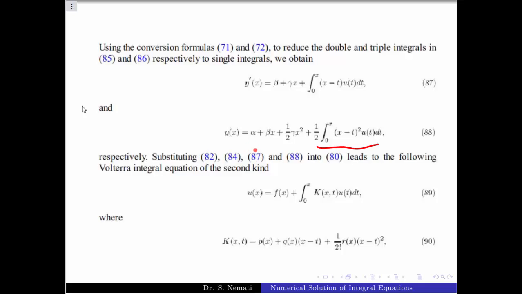For example, we can consider this part as the function f, and also we can consider 1 over 2 times (x minus t) squared as the kernel k, and rewrite this equation as y of x equals f of x plus the integral of k of x, t, u(t) dt.